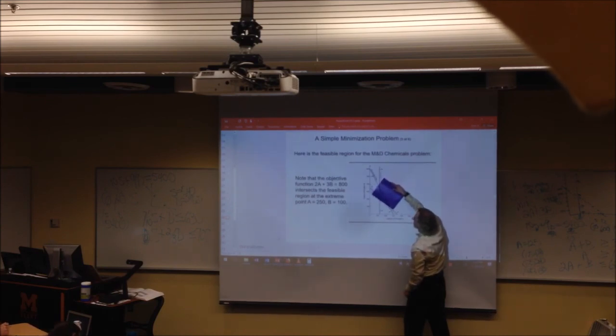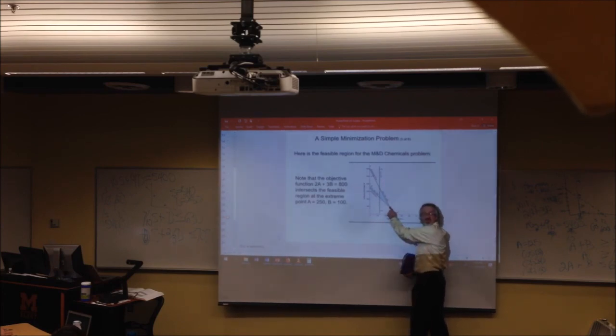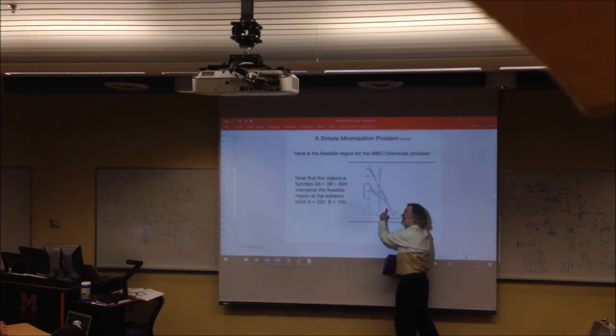Where was the very first one touched, when the whole line is outside? See, there it touches, and the line's on the outside. That can't be it. And then look at that one. Look at this angle. Right there is the last one it touches if you're going this direction. That is the extreme point where your optimal solution is.